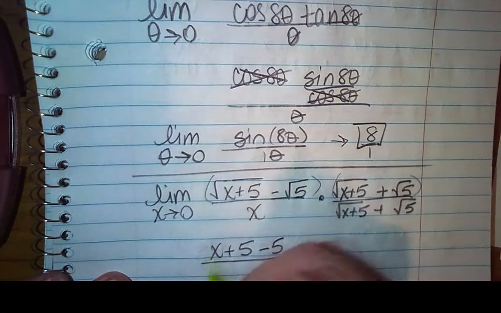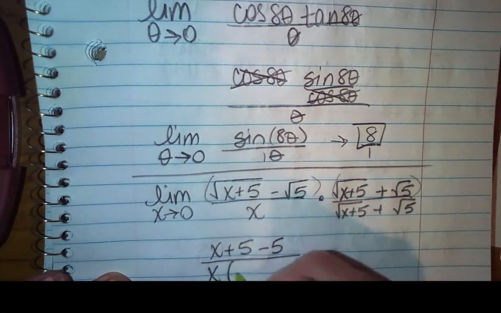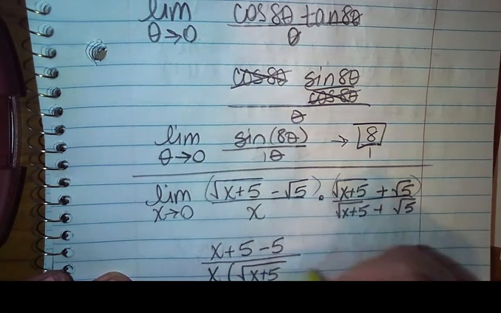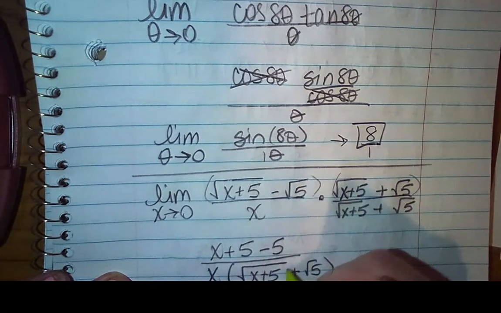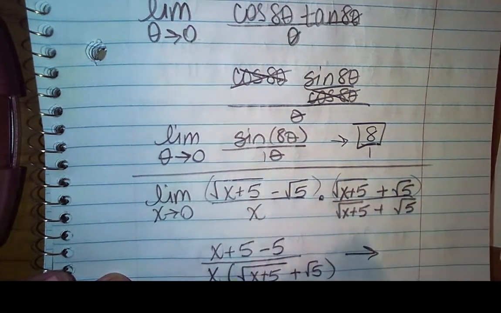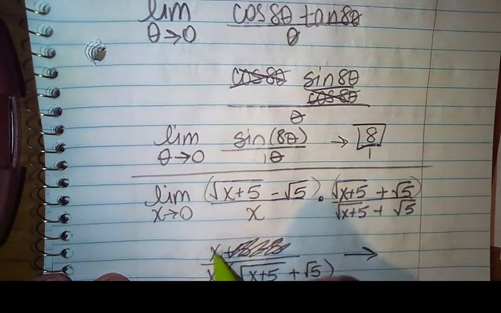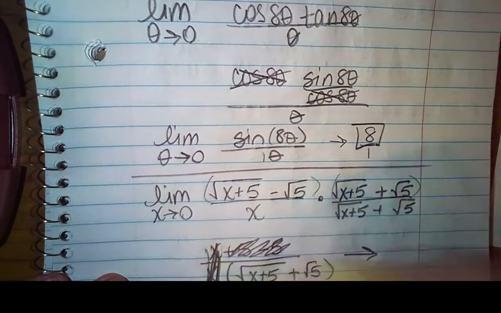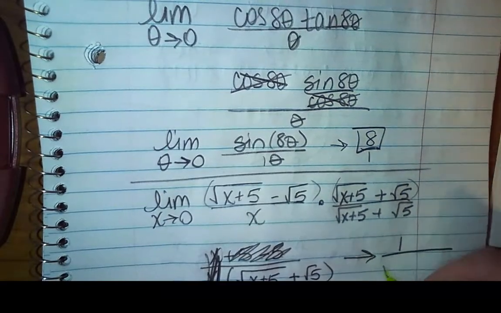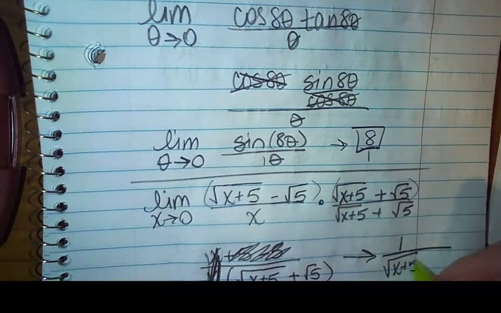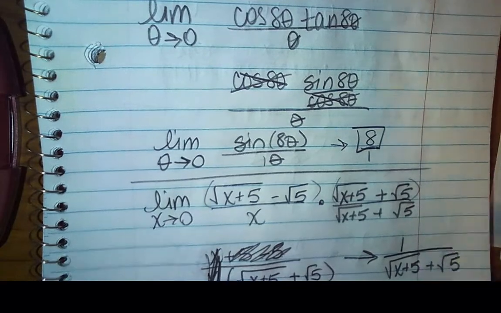And then over, I've got x times root x plus 5 plus root 5. Which means what I actually have is x plus 5 minus 5. That goes to 0. Any number divided by itself is 1. So this thing just reduced to 1 over root x plus 5 plus root 5.